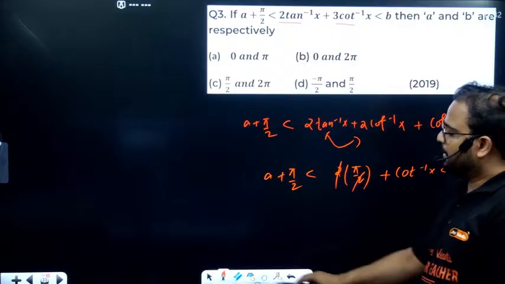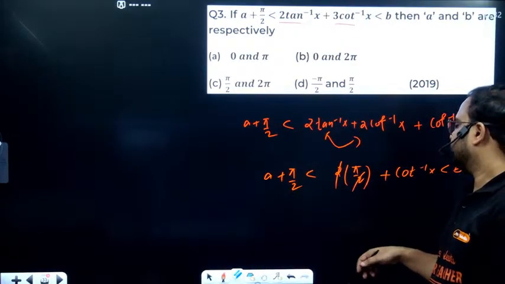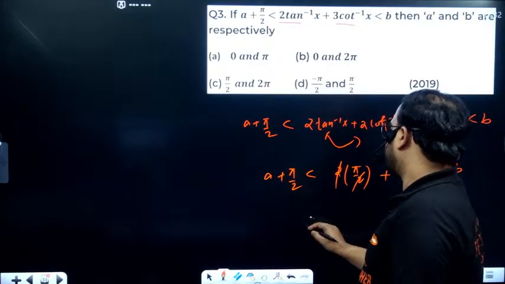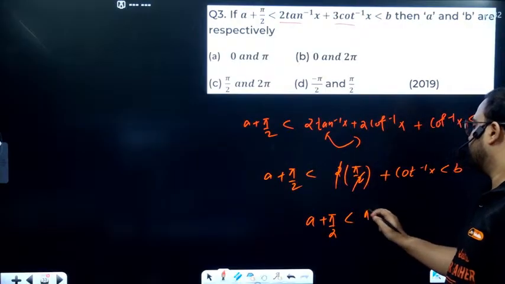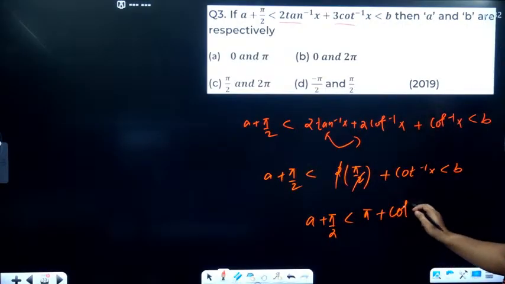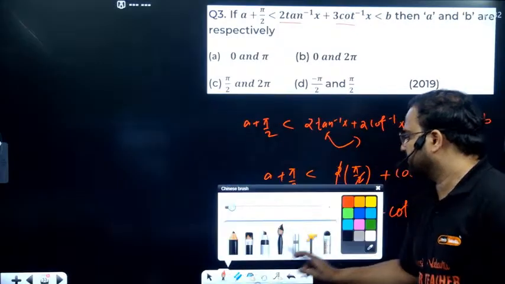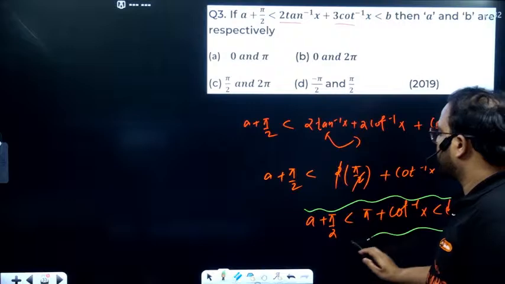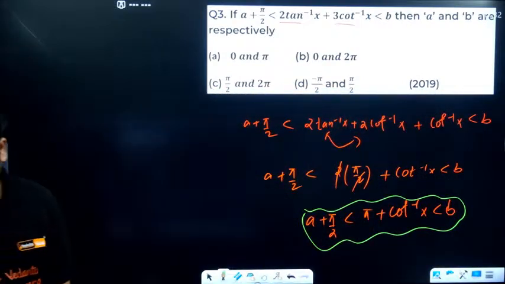We have only pi left. Please check. So this becomes a plus pi by 2 is less than pi plus cot inverse of x is less than b.